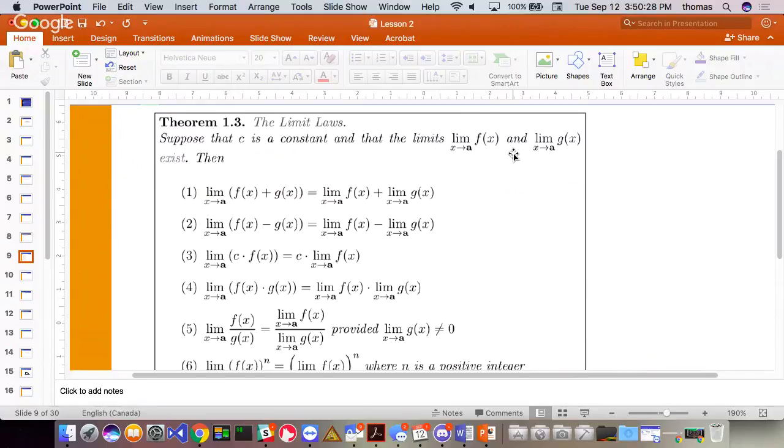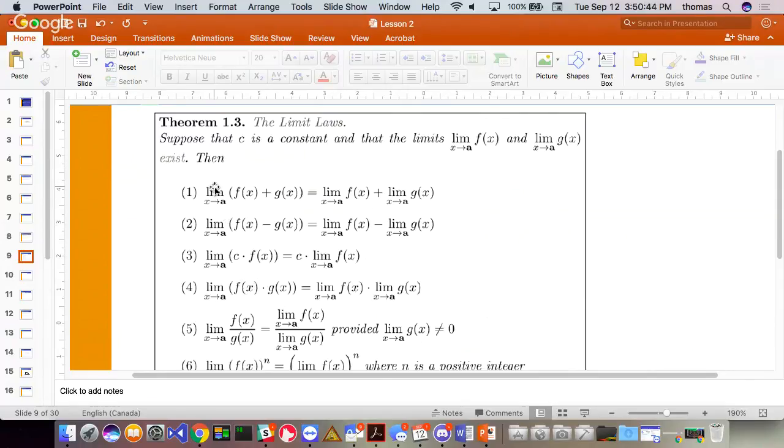So assuming that both of these limits exist, the limit as x approaches a of f(x), and the limit as x approaches a of g(x), then we have these limit laws or identities, if you will.